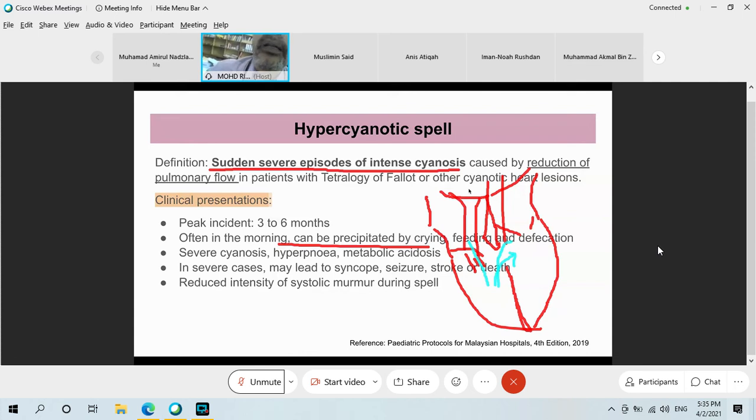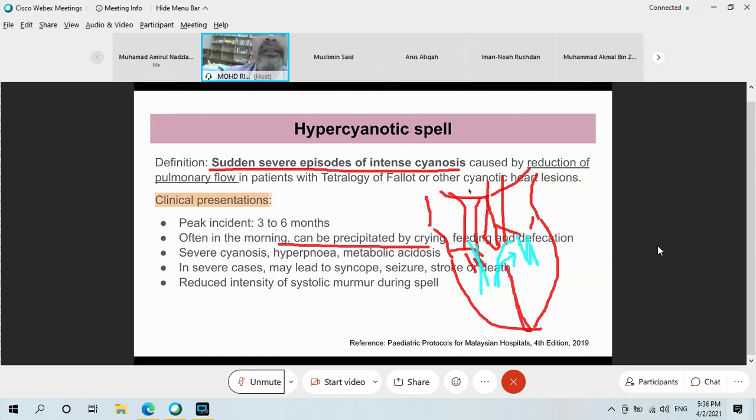If it happens, the two mechanisms occur concurrently, and the stenosis becomes more severe. That's why one of the treatments is knee chest position or squatting. You increase the systemic vascular resistance. So when systemic vascular resistance increases, blood has difficulty going to the left side. So more blood is pushed to the lung.